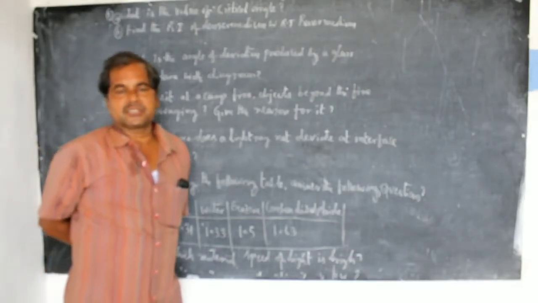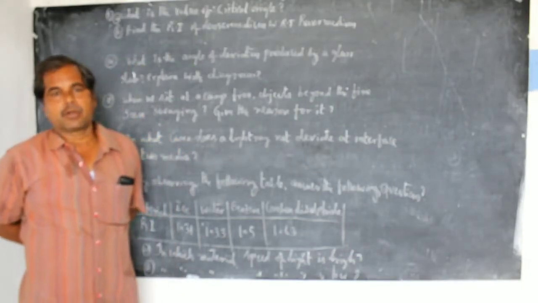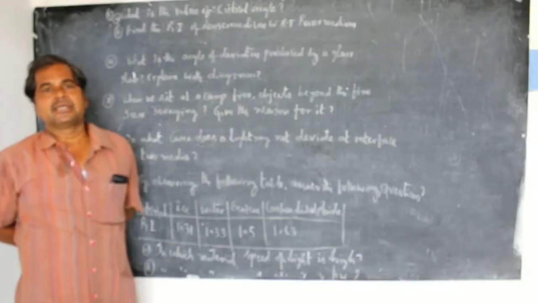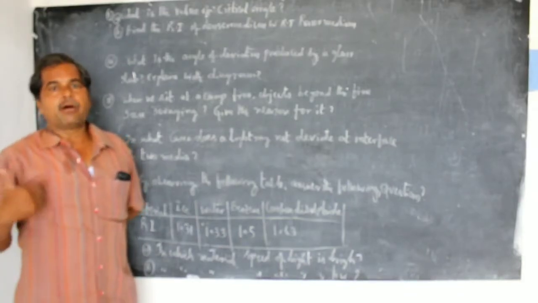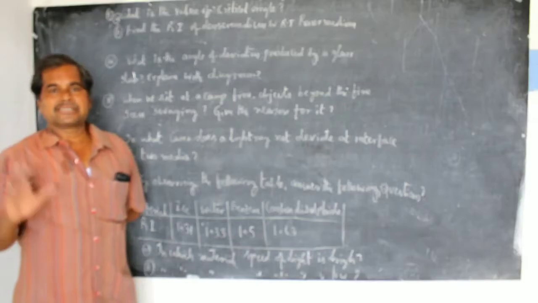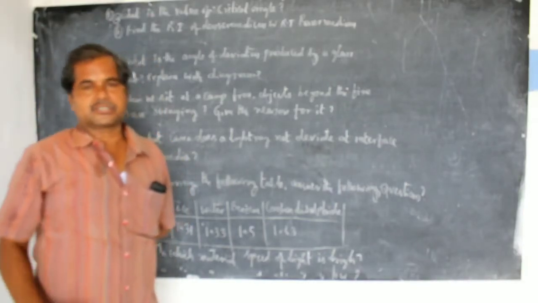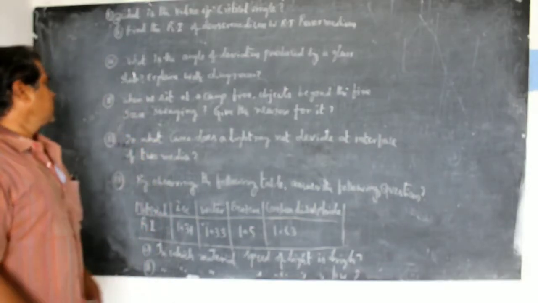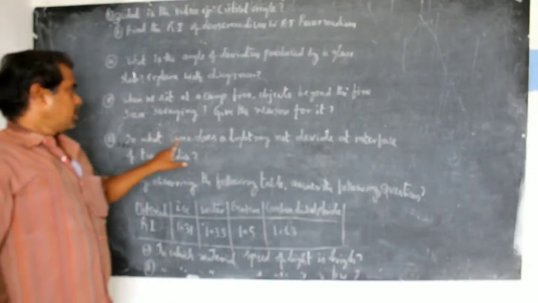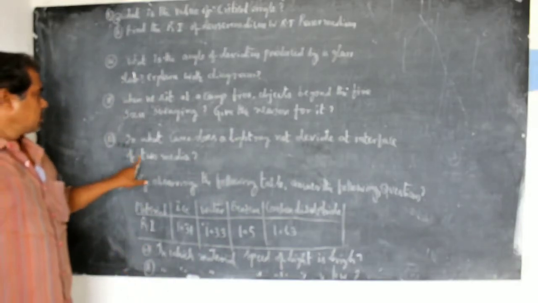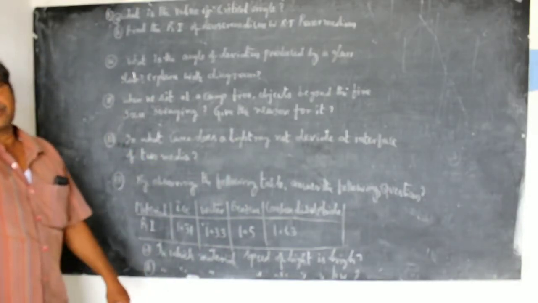If the refractive index changes, the refraction angles also change, so the objects beyond the campfire seem to be swaying. That is the main reason. So, what is the reason? Refraction.